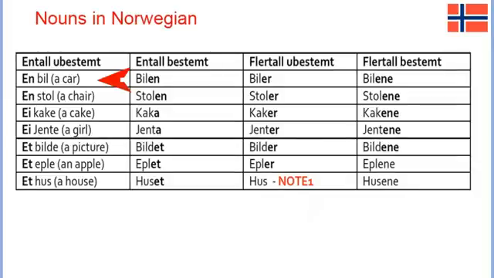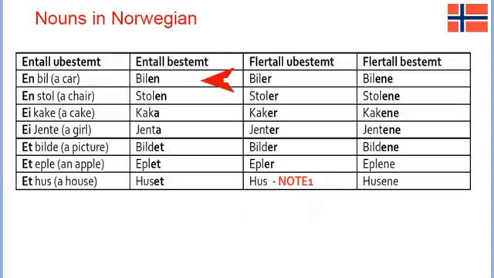If you notice here the article en bil, it's the indefinite form, which basically means in English a car. To make the definite form, the car, in male nouns such as car, the en gets added at the end: bilen.